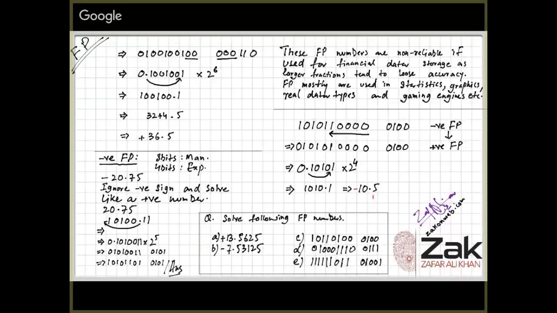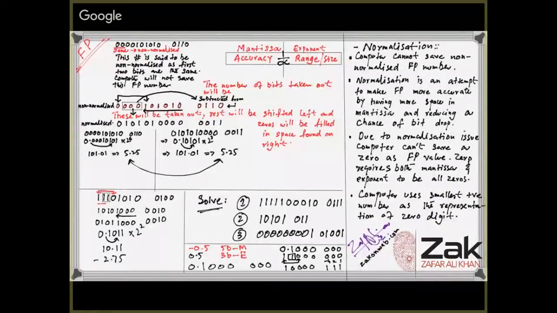All right, let's move on. Now, normalization. What does that mean, normalization? We have realized one thing as of yet, that if we have got less space in the mantissa, we are going to lose accuracy or perfection.